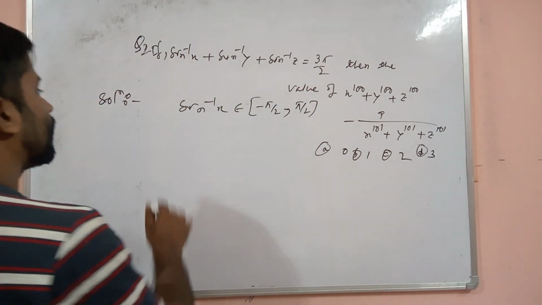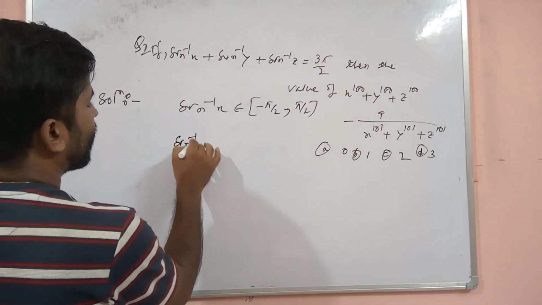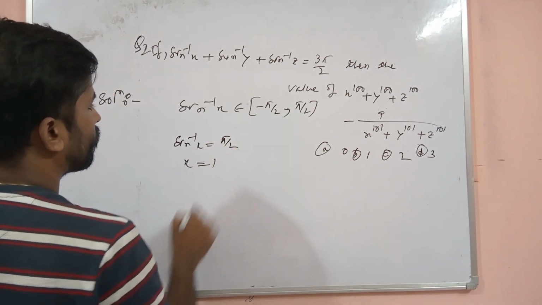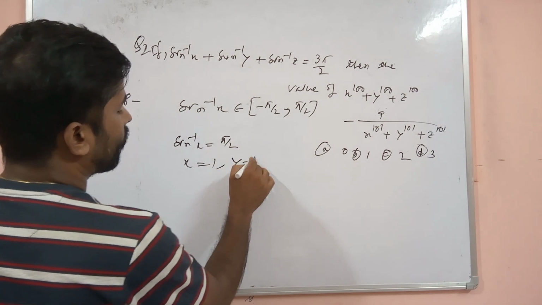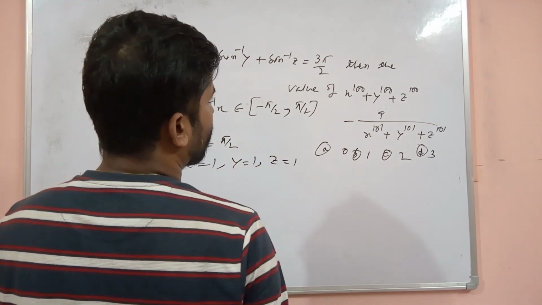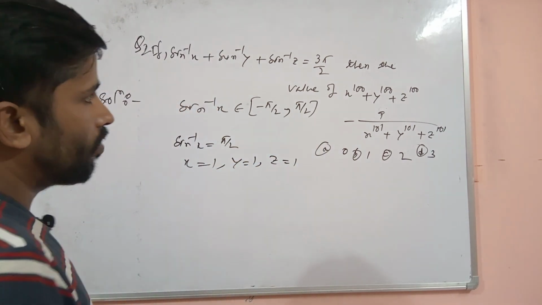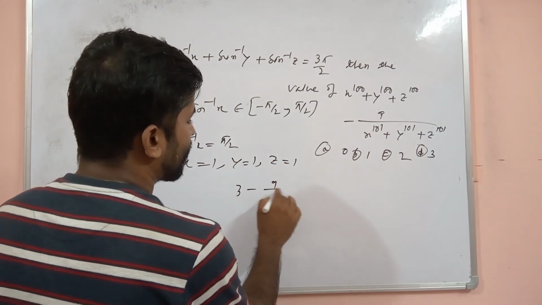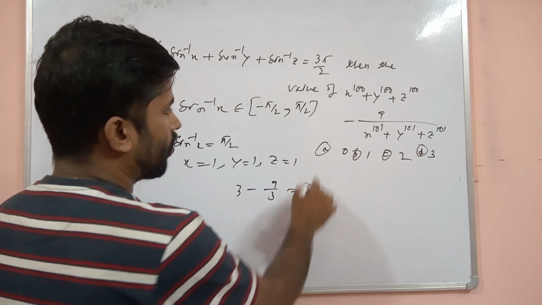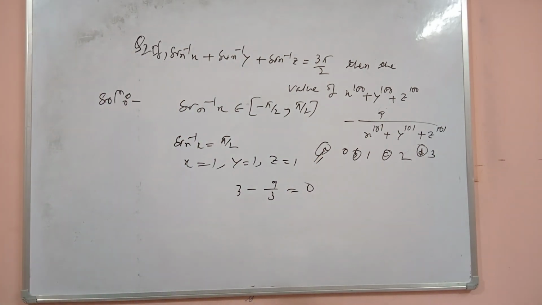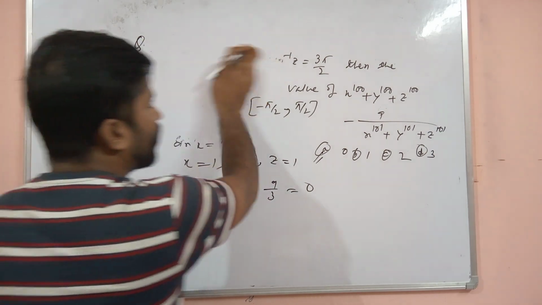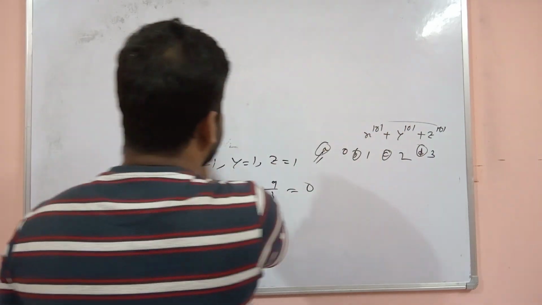So sin inverse x is equal to pi by 2, meaning x is equal to 1; likewise y is equal to 1, z is equal to 1. So if we put the values of x, y and z, then it is 3 minus 9 by 3, so it is 0. So option A is the appropriate answer. Okay, question number 2 is also solved.